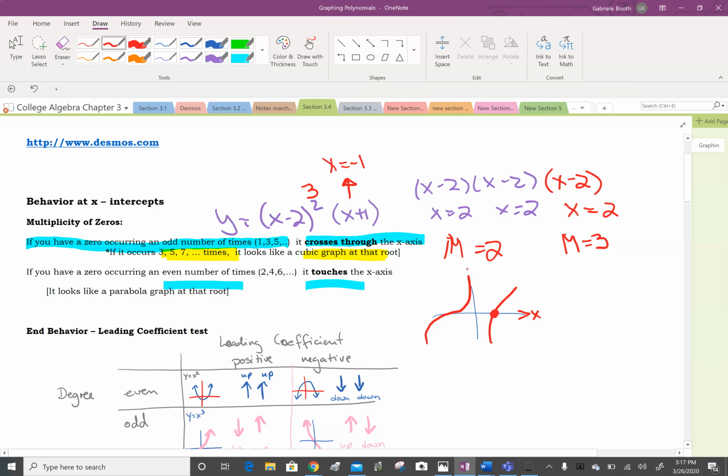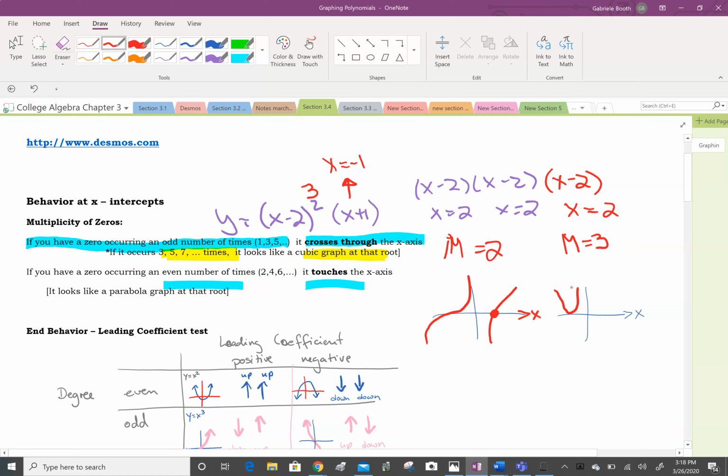Now, if the multiplicity is an even number, then the graph touches the x-axis. Touching, similar to a parabola, because a parabola has an even exponent of 2.